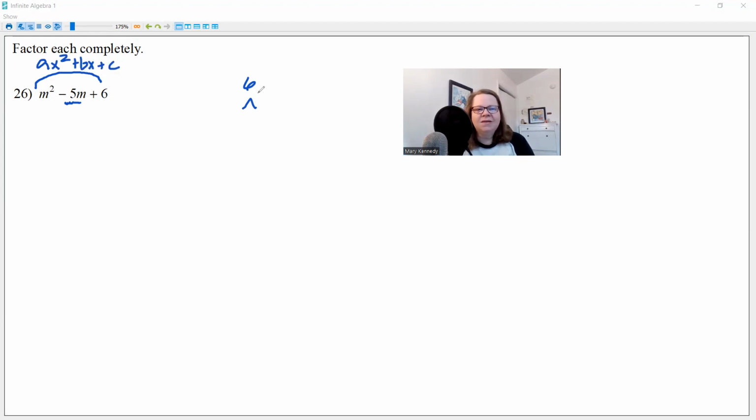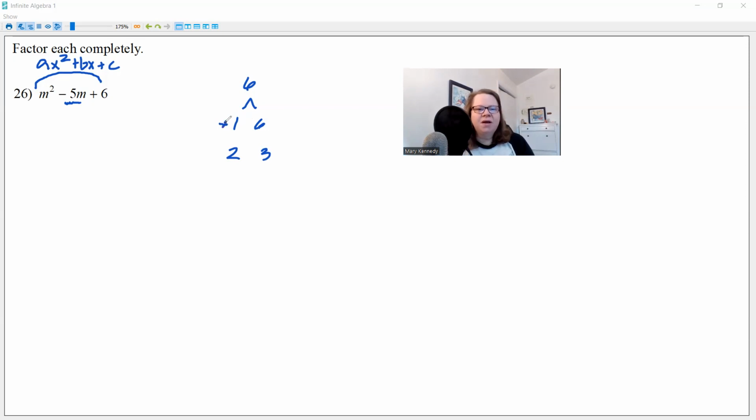So when I think about 6, I know 1 times 6 is 6, 2 times 3 is 6. Now I need to think about which way I can combine those numbers to get a negative 5. So obviously we need some negatives in there somehow. And the interesting thing is, 6 minus 1 is positive 5.